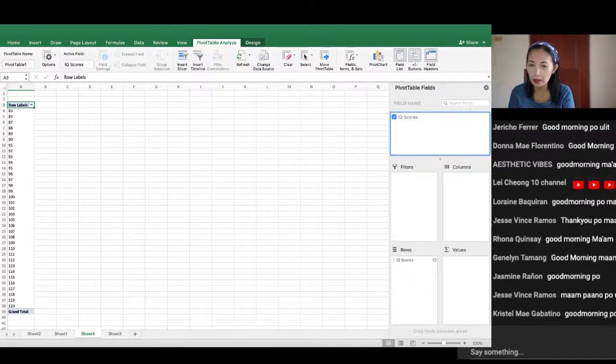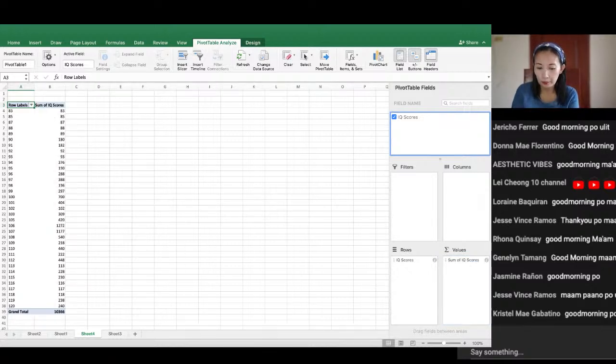The first thing that we did was to drag the IQ scores to the rows box, and the unique values will be listed down. Next, we drag the IQ scores to the summation values box.